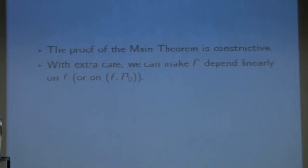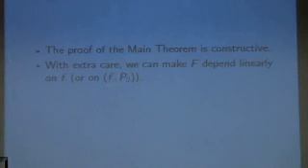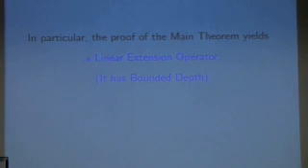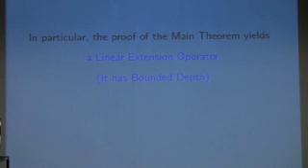All right. So the proof of the main theorem is constructive, and with a little extra care, we can actually make capital F depend linearly on little f in the first version of the theorem, or on little f and the P0 in gamma in the second version. And in fact, if you check very carefully and arrange things just right, it can even be of bounded depth.